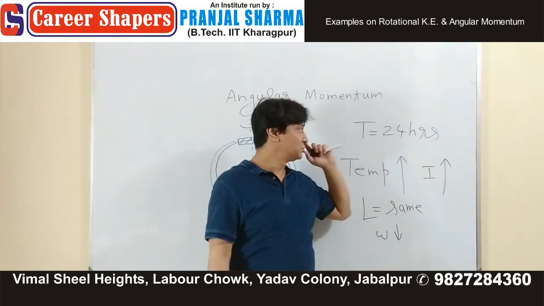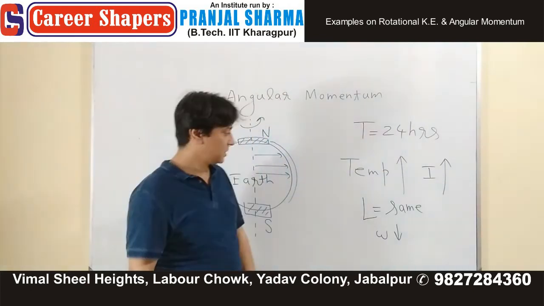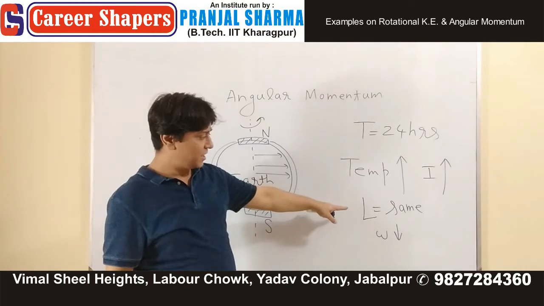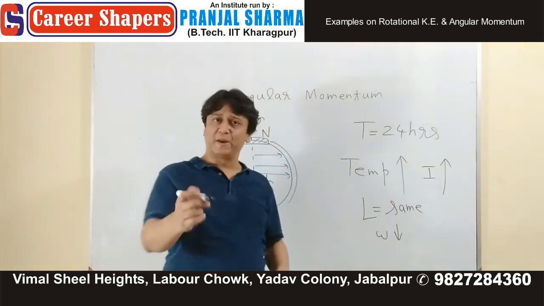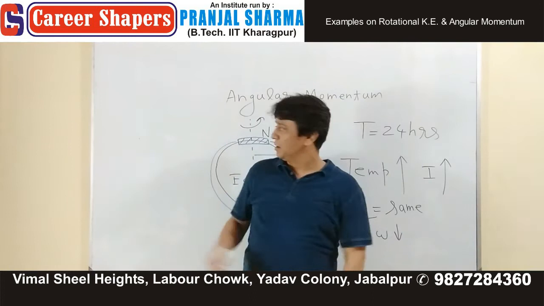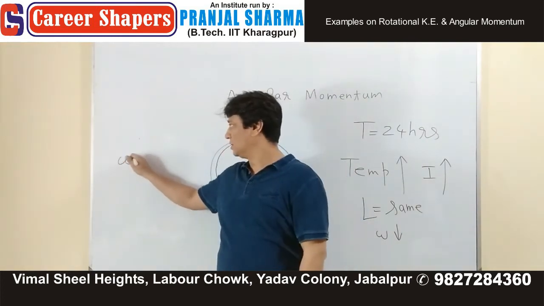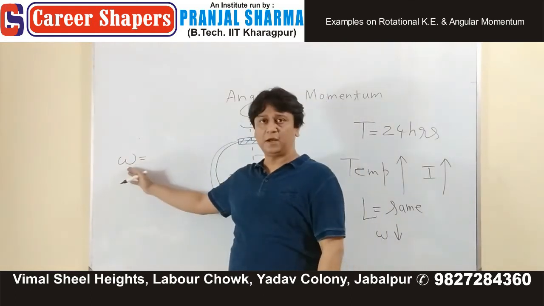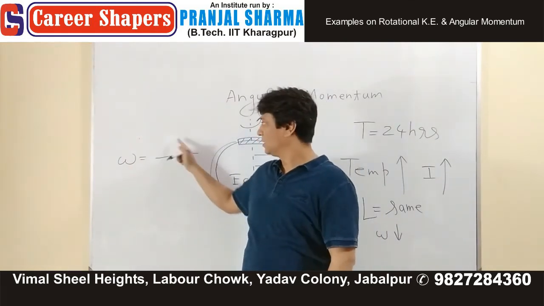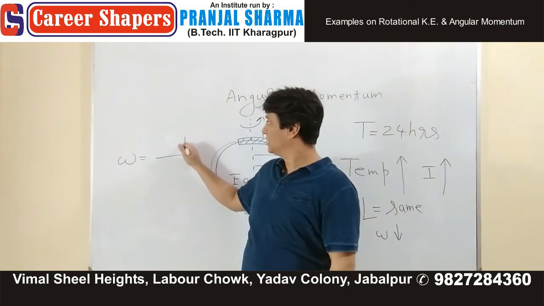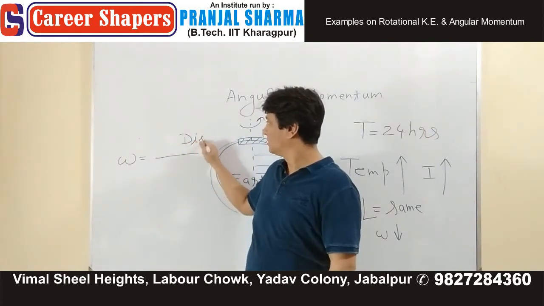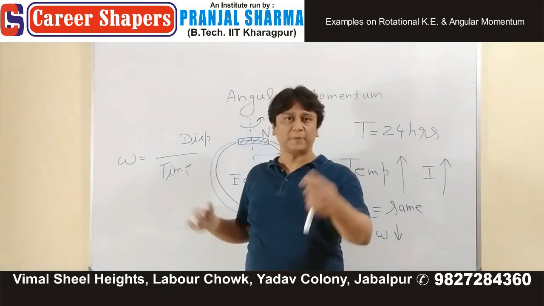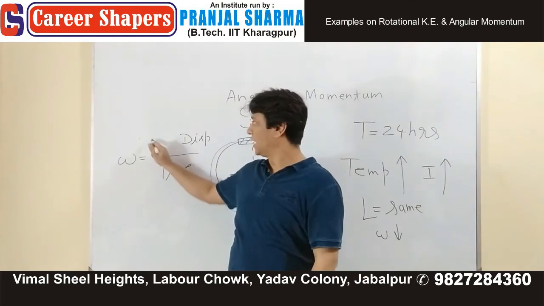Many of you are answering correctly that omega is going to decrease, but what I am asking you is what happens to time. So L will remain same. To conserve angular momentum, you have to decrease your omega. What is omega? Angular velocity.